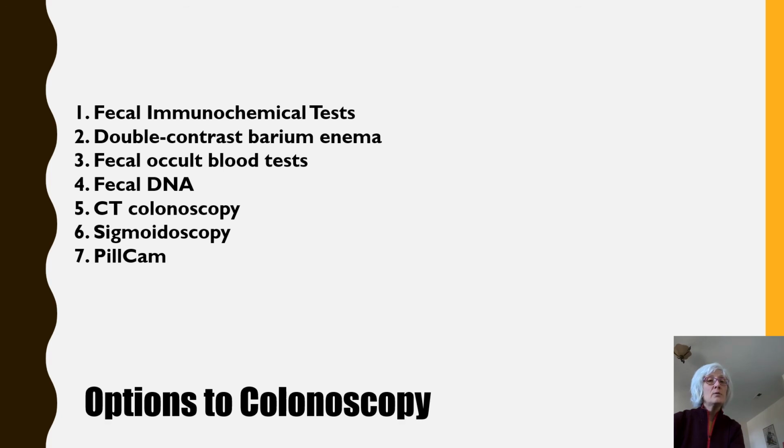It's possible to do an enema that you would have an x-ray after, and that can show some odd folds or maybe some diverticula. It may show some very large polyps, but not certainly small ones. You can have a fecal occult blood test. So this is again looking for blood in the stool, fecal DNA, that Cologuard.